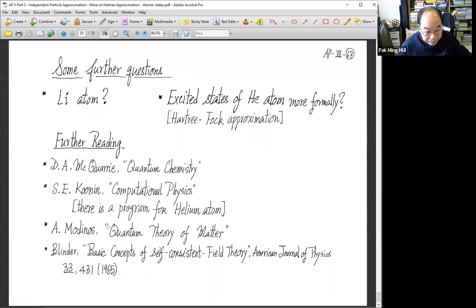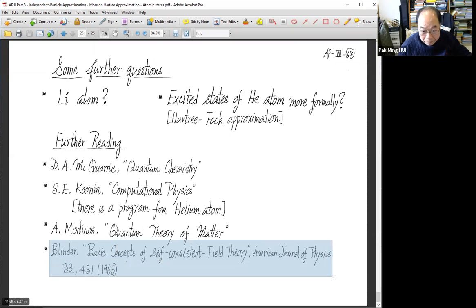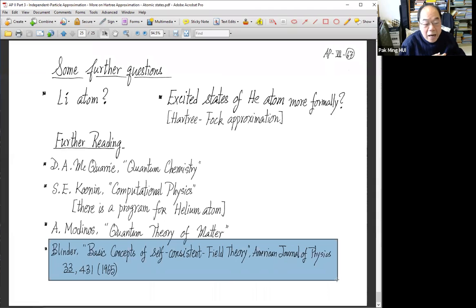And this introductory article in the American Journal of Physics is very readable, even for undergraduates. It gives you the variational calculation approach in getting at the Hartree and Hartree-Fock calculation equations. So I have been using a hand-waving method, physical sense, in writing down this self-consistent equation.